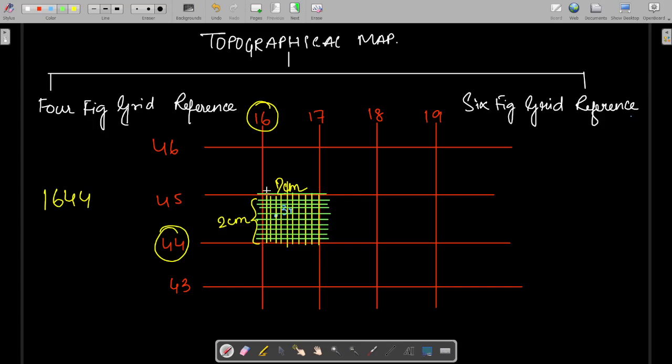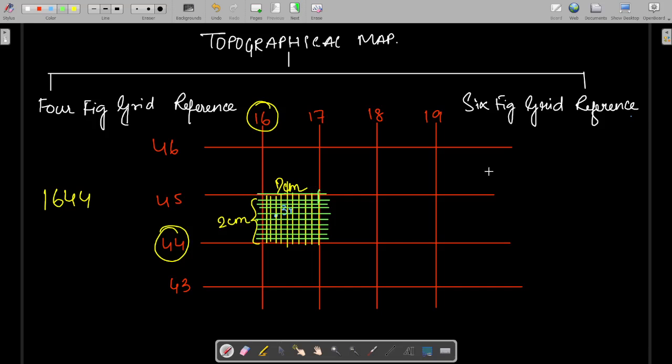That is, this will be 1, 2, 3, 4, 5, 6, 7, 8, 9 and this will be our 10th line. Similarly, we have 1, 2, 3, 4, 5, 6, 7, 8, 9 and this is our 10th line.